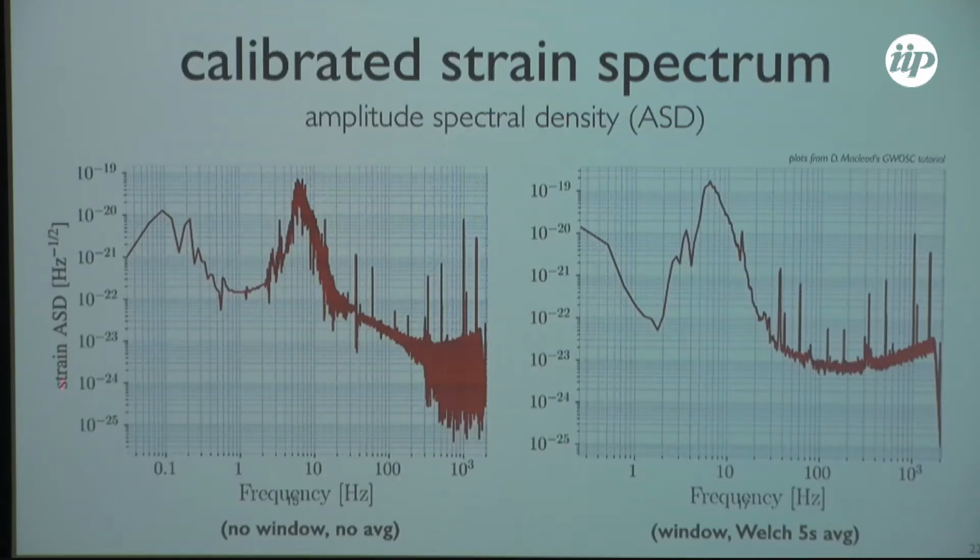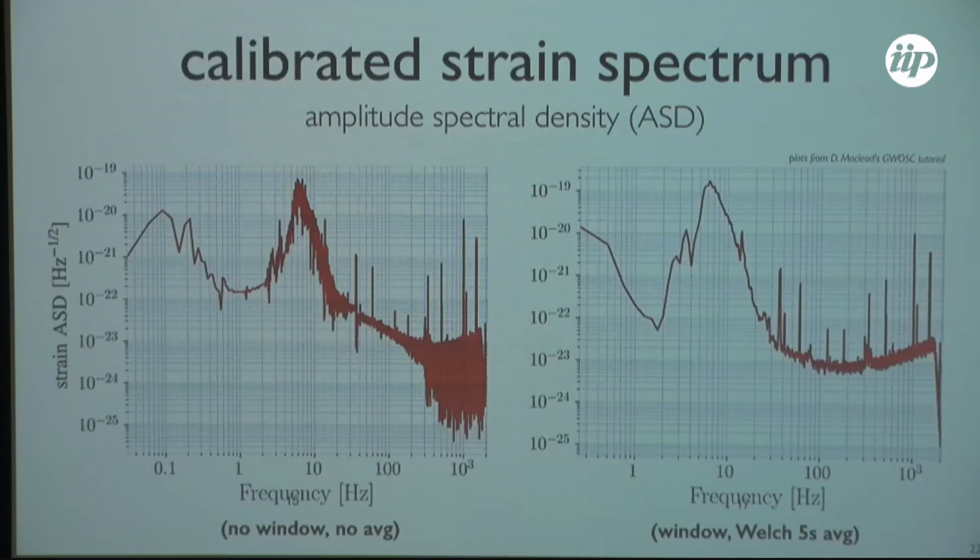On the y-axis, you have the Fourier transformed strain amplitude. We call this an amplitude spectral density because if you square it, it will give you the power in that frequency bin per hertz. So it has units of 1 over square root of hertz, because strain itself is dimensionless. So, okay, think about it.